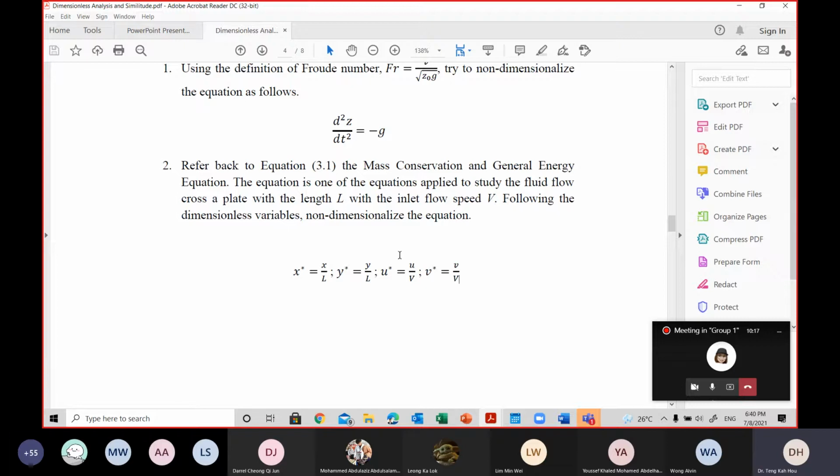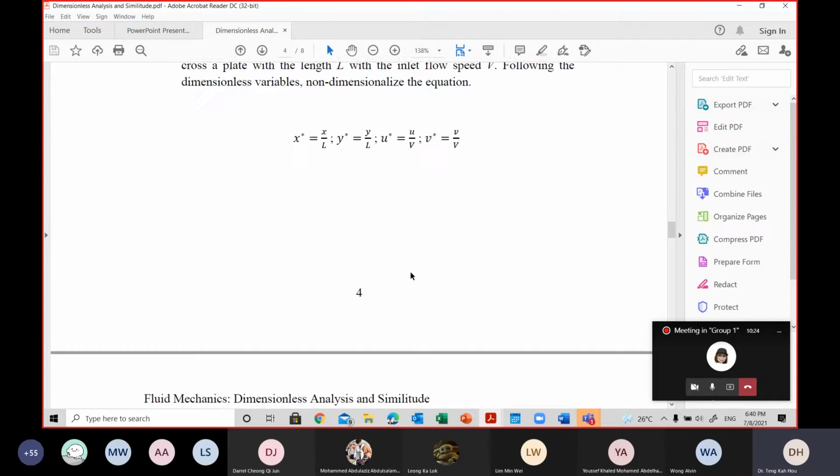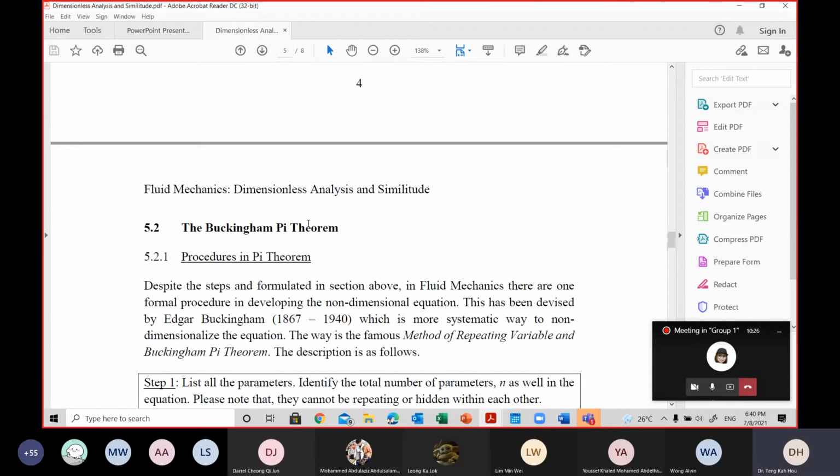The key thing here is that you need to prove that it is dimensionless. Then it is fine. Following on that, we go through these methods, invented by so-called Buckingham. I explain why they want to do this.